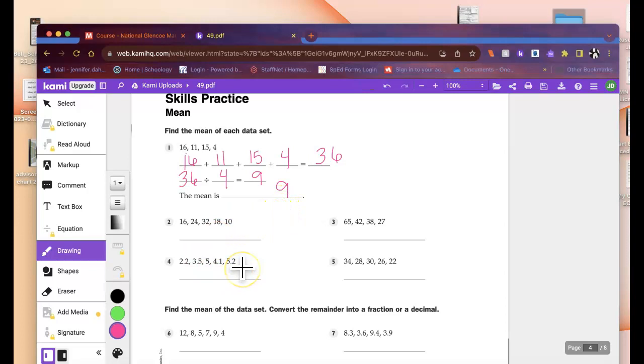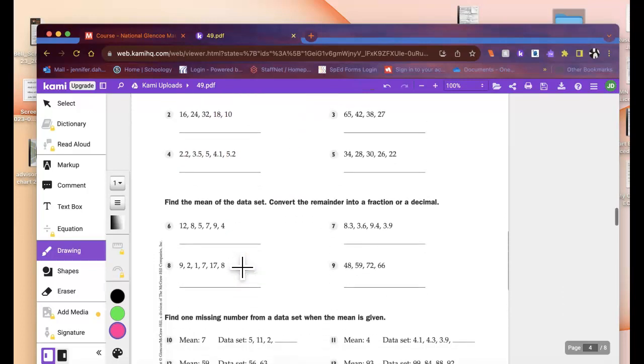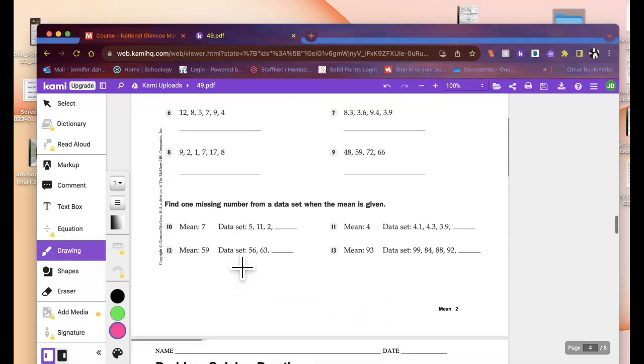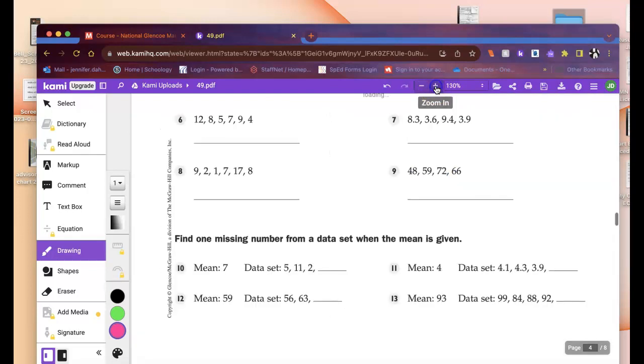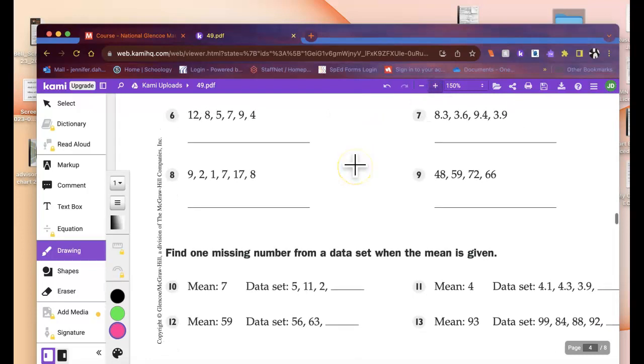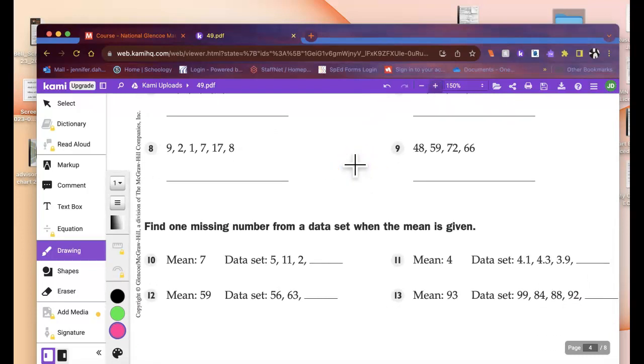You will go ahead and complete the rest of these problems, but I really wanted to look at number 10. As you're looking at number 10, it's set up a little bit differently than other problems. As you can see here, they already found the mean for us, but we're missing one of the data values, so I'm going to make that n. I know the numbers are 5, 11, 2, and n.